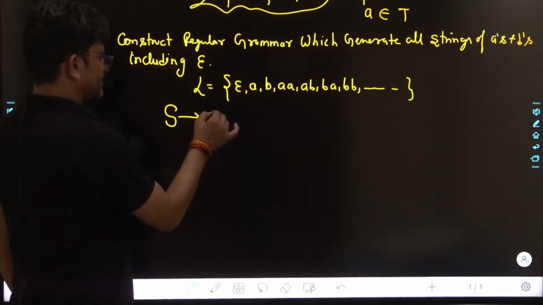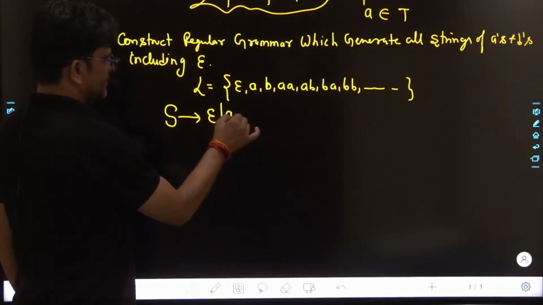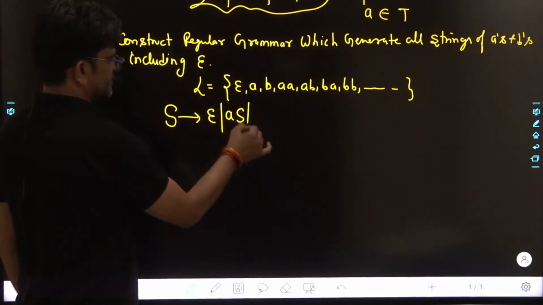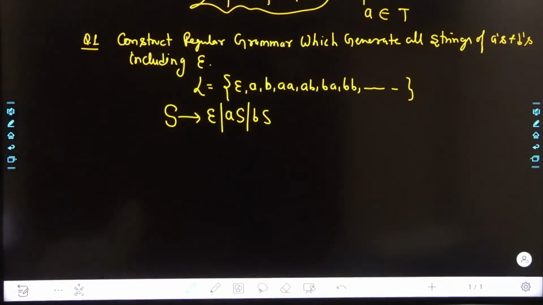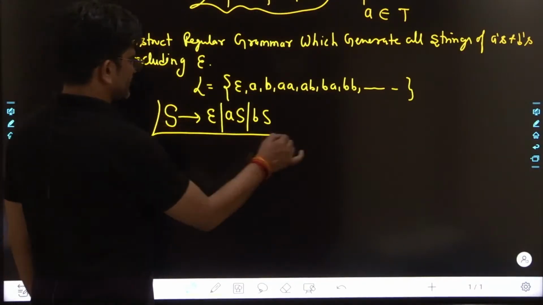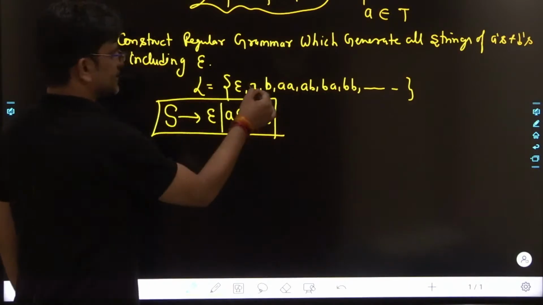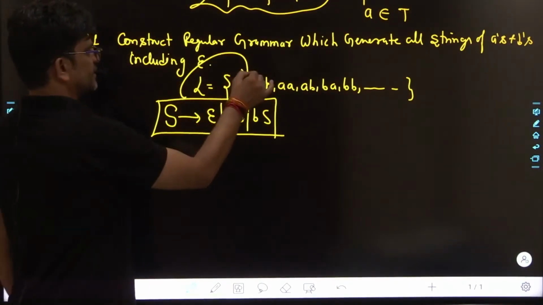It generates epsilon, aS, bS. So see, this is the restricted right linear grammar, and it generates all the strings which are present in this language.